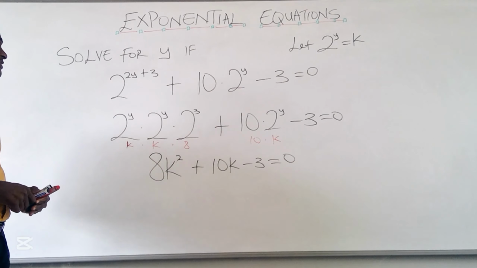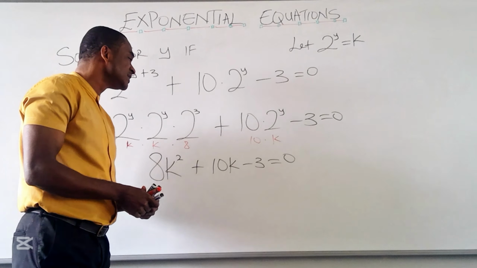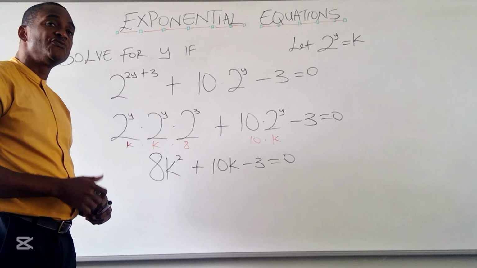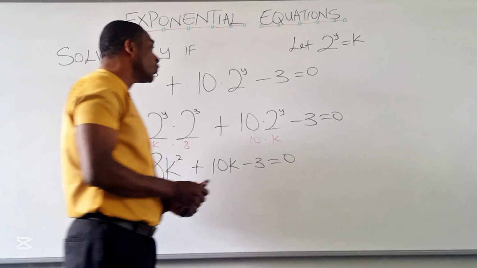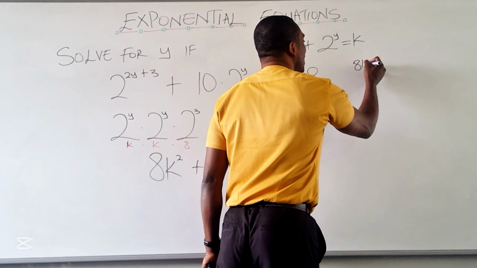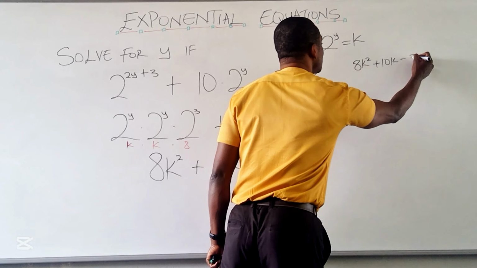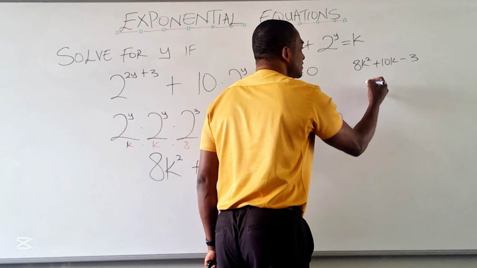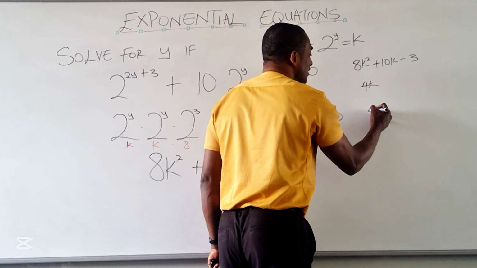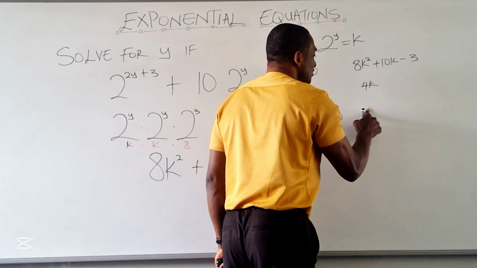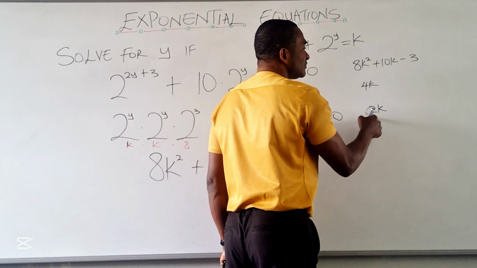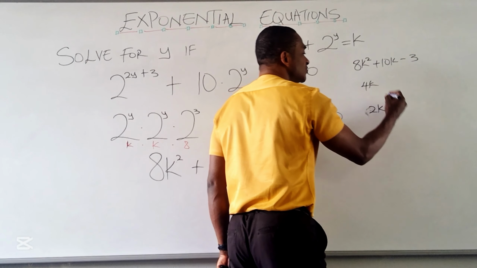How do we factorize trinomials that have the coefficient of the square not being 1? So we break this down. So we have 8k squared plus 10k minus 3. We look out for two things that we can break this down to. 4 times 2 gives us 8. K times k gives us k squared.